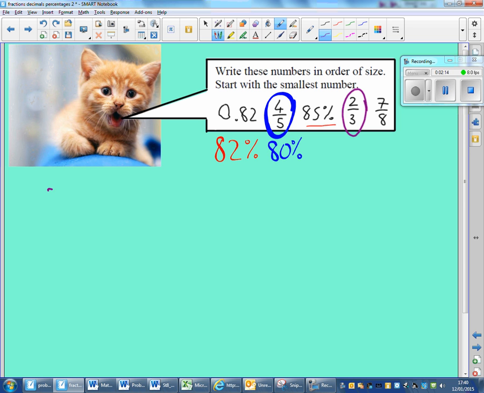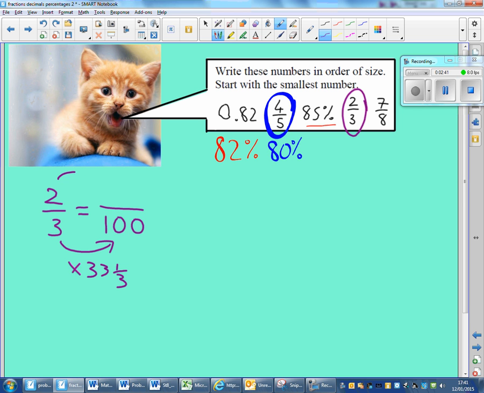2/3 is one which is very difficult to convert into a percentage using this method, because as you'll see, there's no whole number which I can times 3 by to get me to 100. However, I could multiply it by 33 1/3. As you might have seen before, 1/3 off sale means 33 1/3% off.